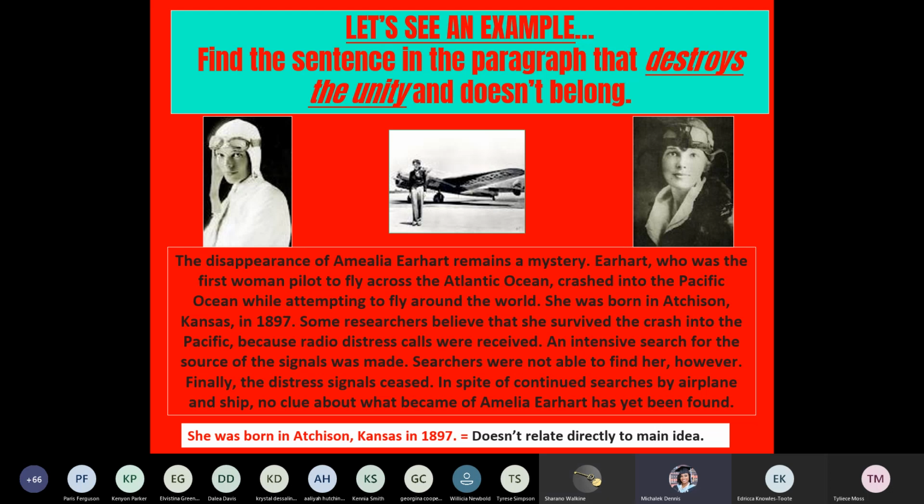Can someone tell me what the concluding sentence or the clincher sentence is? Then I'm going to ask you one more thing and then we're going to wrap up the entire lesson. Anyone? Alicia says searchers were not able to find her.